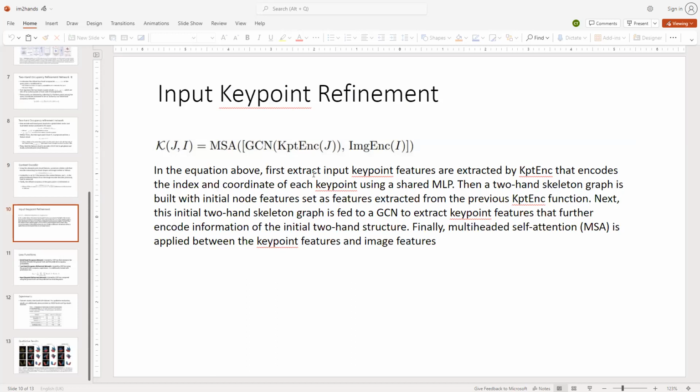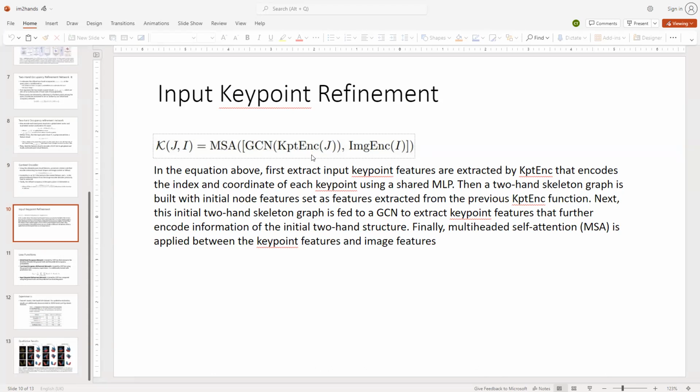First, extract the input key point features using the key point encoder, which takes as input the index and the coordinate of each key point in a shared MLP, which would be this thing. And then a two-hand skeleton graph is built with the initial node features set as the features extracted from the previous key point encoder function.